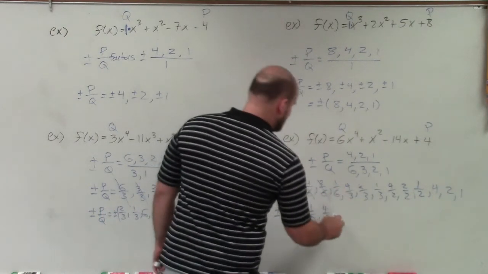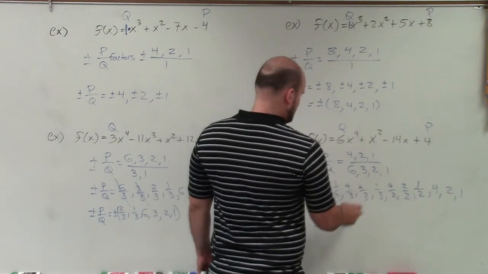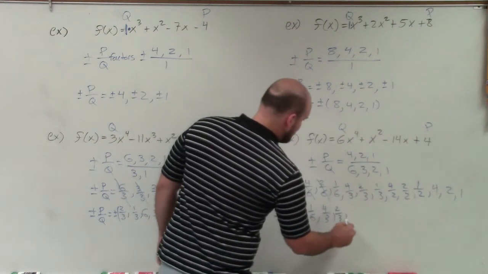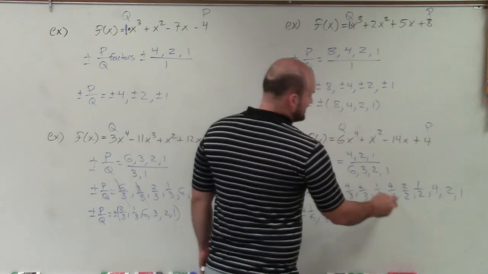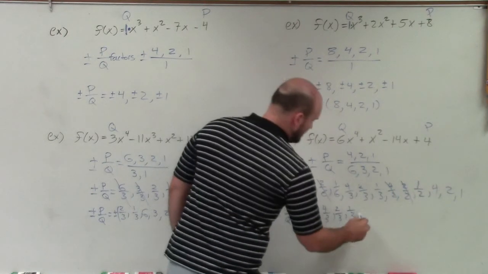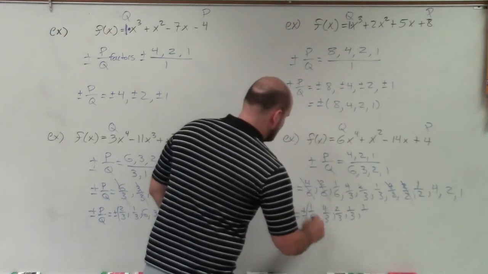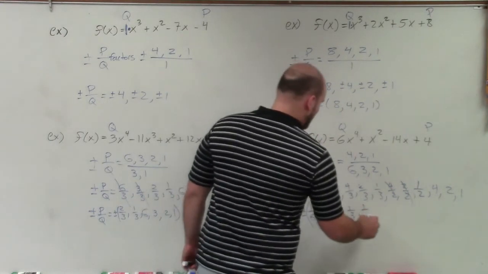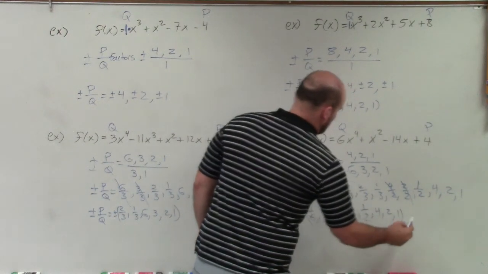Then we go to 2/3, then we go to 1/3. Then we have 4 over 2, which is the same thing as 2, a duplicate. 2 over 2, which is the same thing as 1, a duplicate. All right, I'm going to put these again in parentheses. Then we have 1/2, comma, 4, 2, and 1.